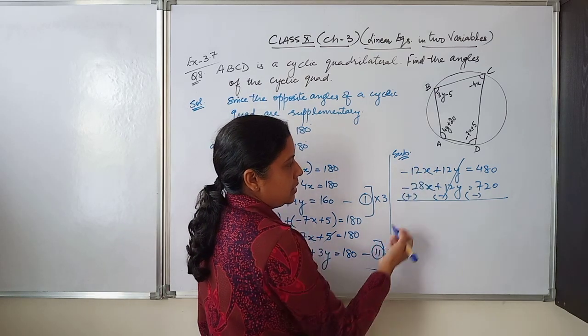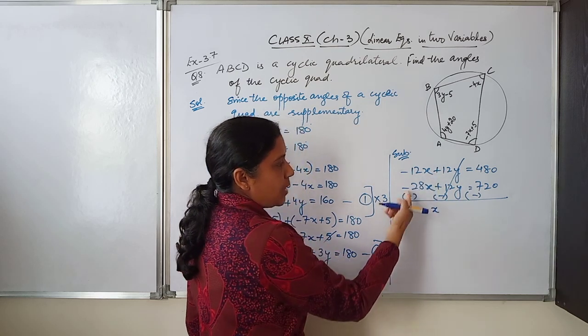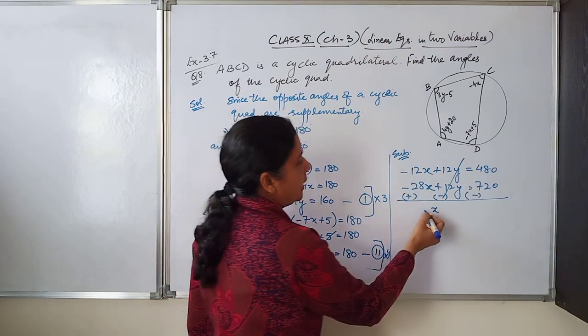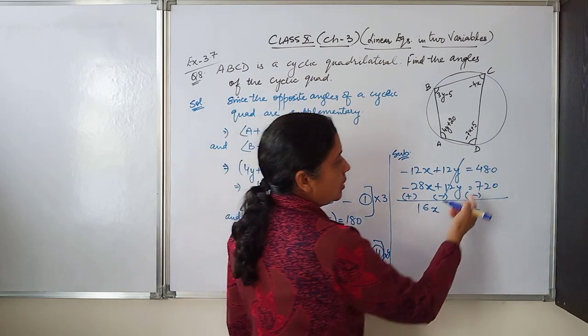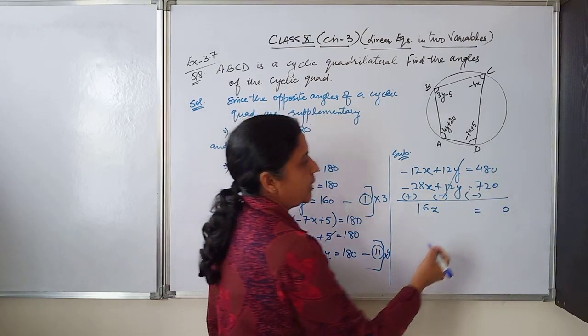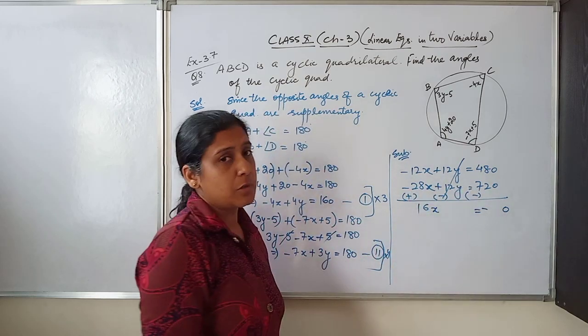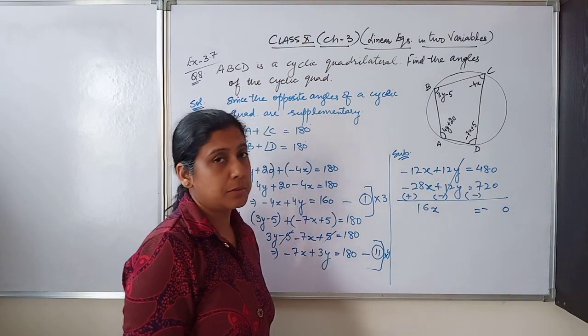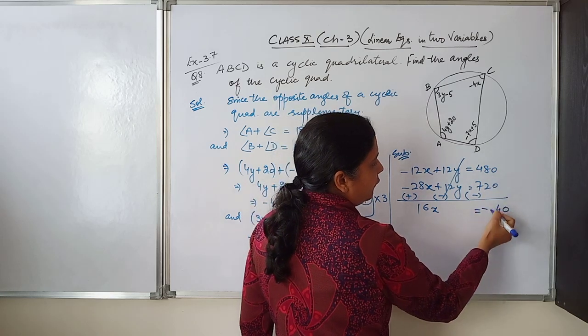Let's simplify this. Minus 12x plus 28x. So actually 28 minus 12, that is 16x is equal to 480 minus 720. So you have to subtract 720 from 480. 720 is a bigger number, so the negative sign will be there, and then you can take the difference.